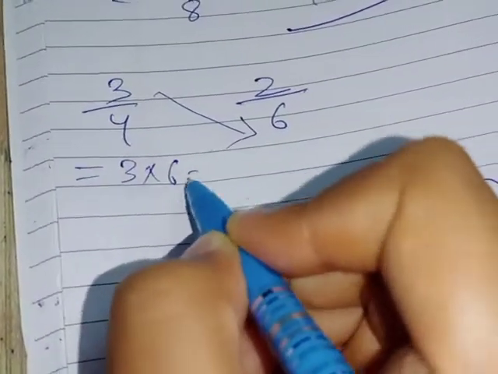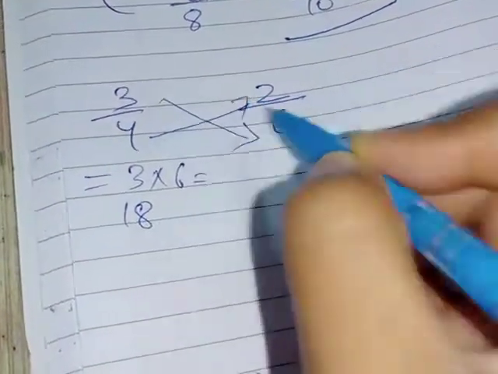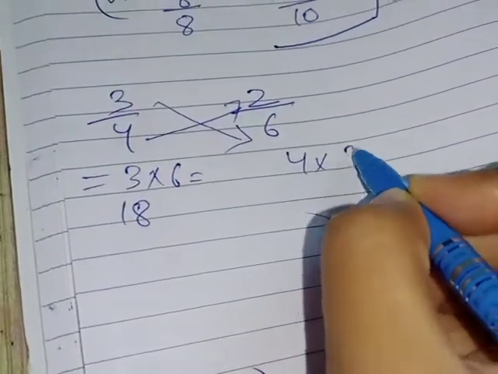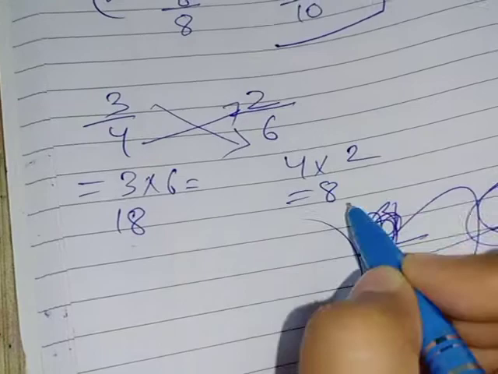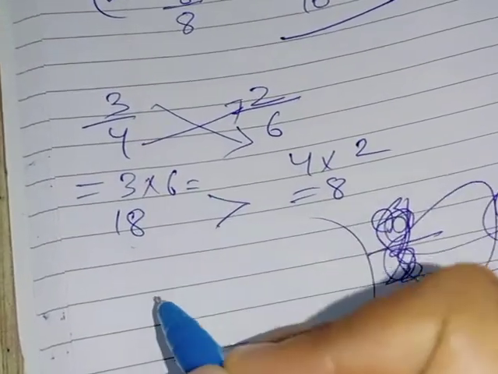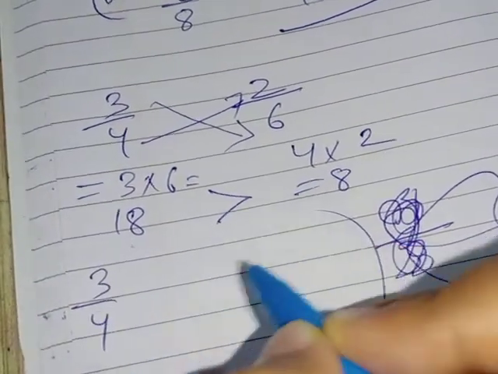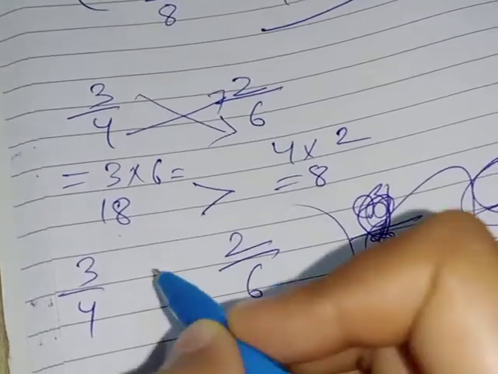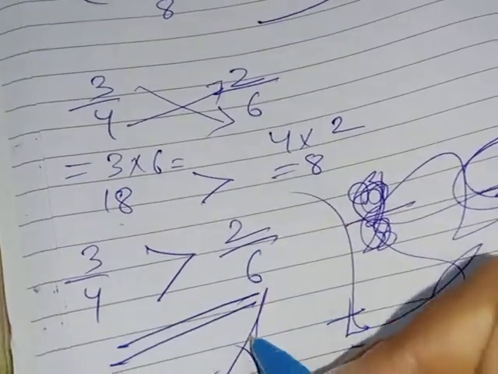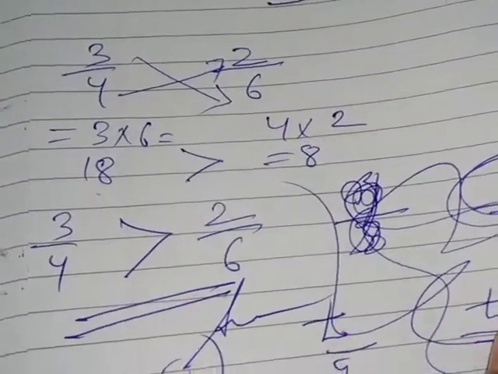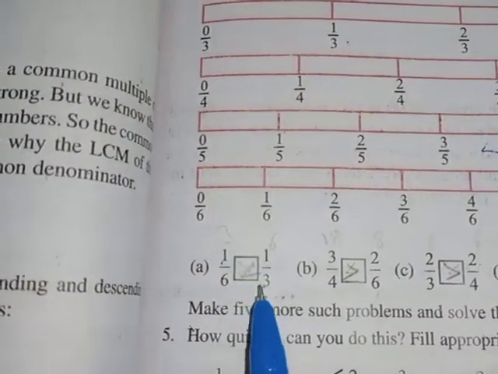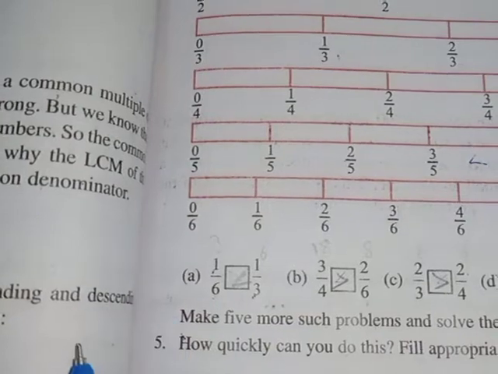3 into 6, 18, and 4 into 2, 8. Now among 18 and 8, which one is greater? 18 is greater, right? So in our answer of 3 upon 4 and 2 upon 6, we will put the sign towards 3 upon 4. Is it clear to you? When numerators are same, that time a smaller fraction is considered as the greater one.